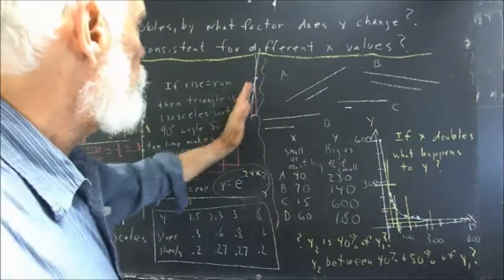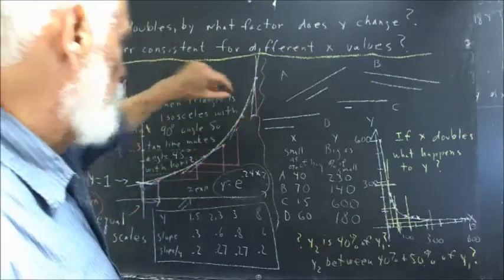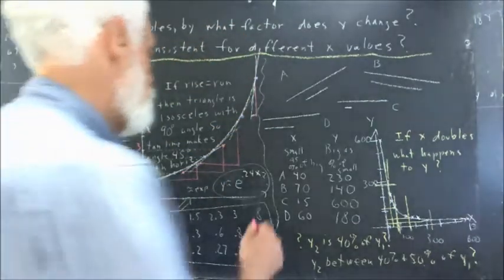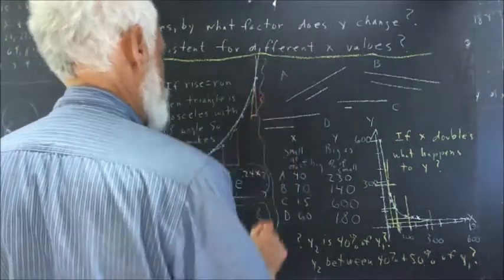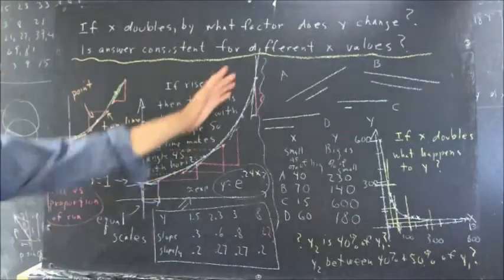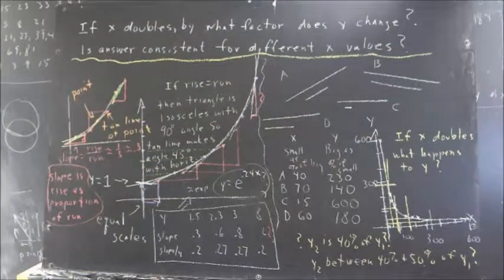I'm not sure about that tangent line because the student kind of extended the line there, so I'm not sure about this one, and I'm not sure about this one. It goes a little beyond this curve as I drew it, so let's stick to the curve as I drew it.